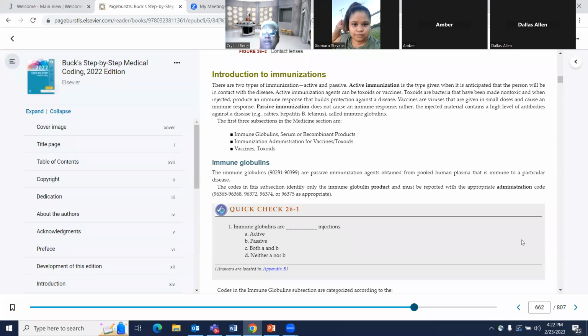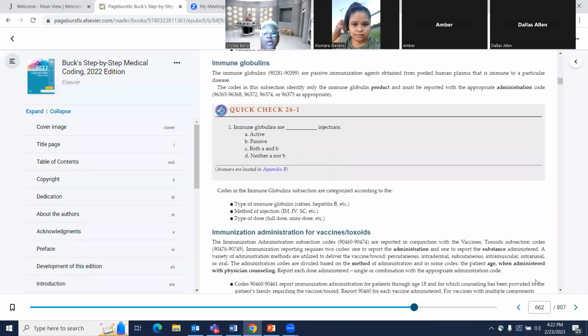Quite a few people had that wrong, but I did give credit because you did attempt to do it. Codes in the immune globulin subsection are categorized according to the type of immune globulin, like rabies, hepatitis B, etc., method of injection, and types of dose.